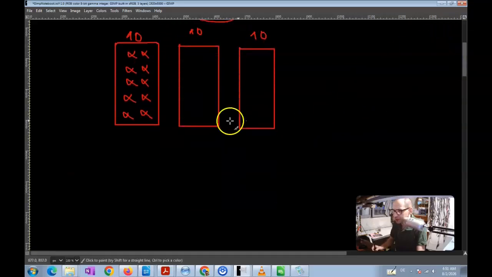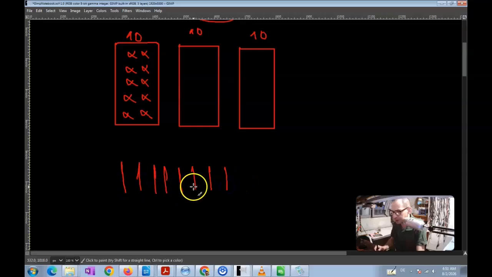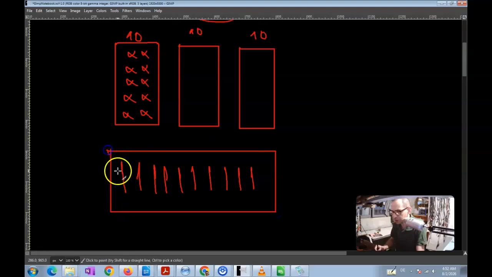Now let's suppose that I've made many of these groups. So I put 1, 2, 3, 4, 5, 6, 7, 8, 9, and 10. I put 10 of these groups of 10 together like this.